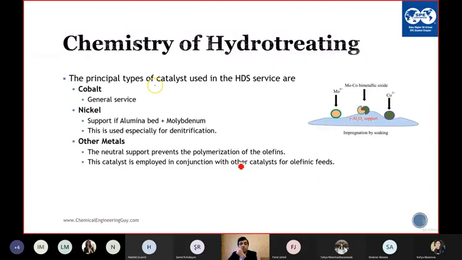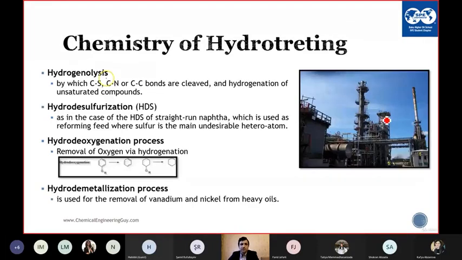So chemistry of the hydrotreating, we use the catalyst. The catalyst is the cobalt molybdenum catalyst on alumina. So you have aluminum oxide as support, and you have the cobalt molybdenum catalyst. This is used mainly for the hydrotreating processes. So you have hydrogenolysis, hydrodesulfurization, hydrodeoxygenation, and also hydrodemetallization reactions.